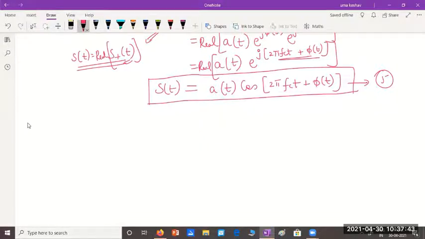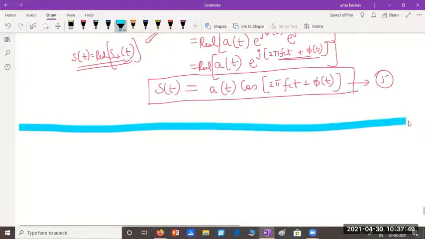You know rectangular form, amplitude and phase form, the polar form, all this is known to you beforehand. We are just recalling that and trying to represent the bandpass signal in all the various forms. Is this clear?